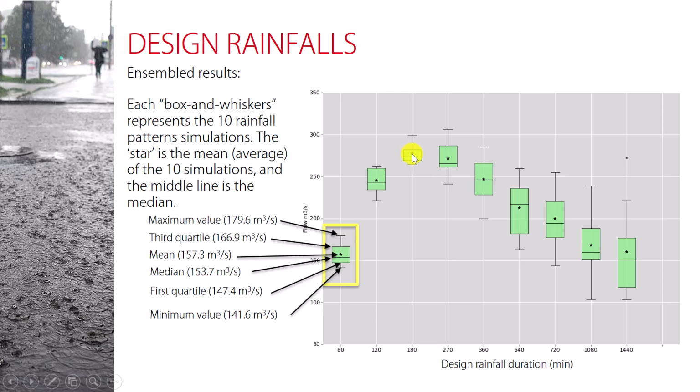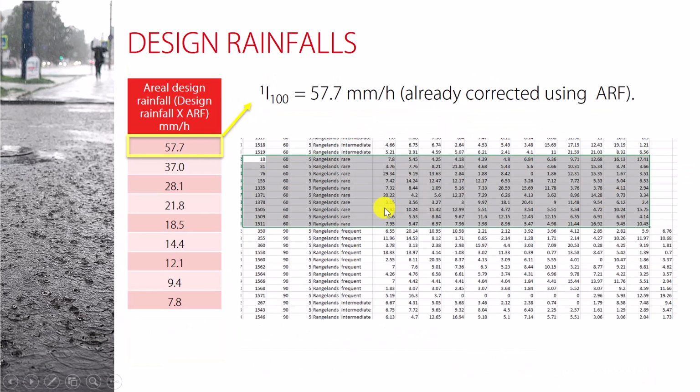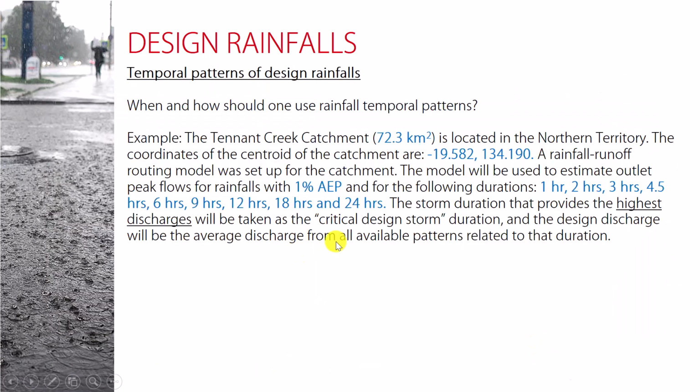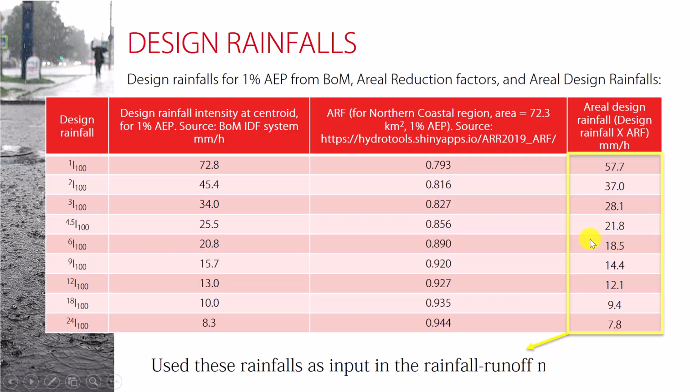Why is that? That's because, if you look at this question here, the storm duration that provides the highest discharges will be taken as the critical design storm duration, and the design discharge will be the average discharge from all available patterns related to that duration.